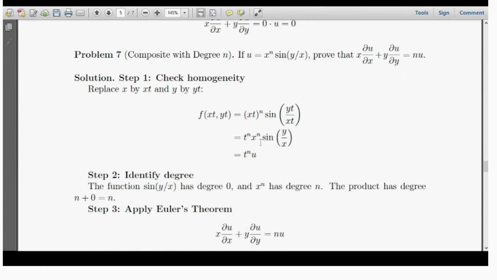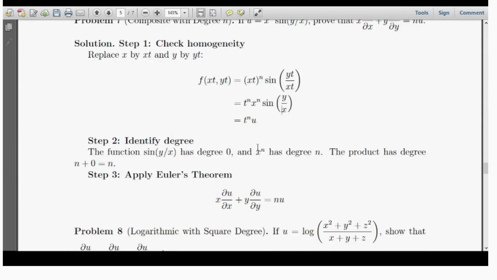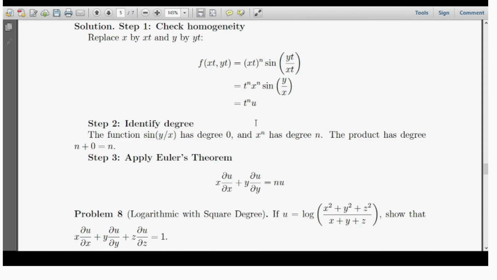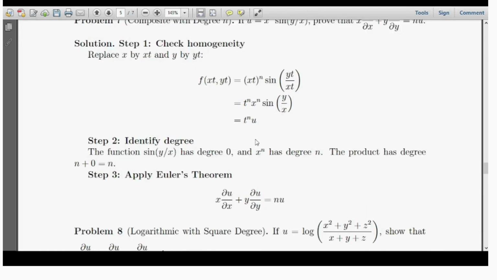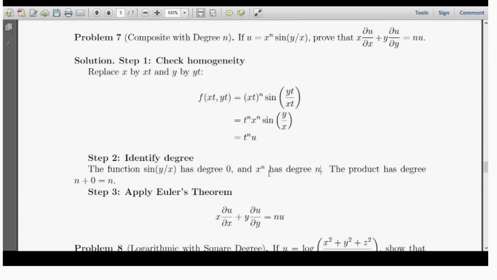This is t power n, x power n into sine of yt by xt, where the t's cancel, so y by x. So this is t power n, and the rest constitutes u, x power n into sine of y by x. That means degree n. Since the function sine of y by x has degree 0, and x power n has degree n, the product has degree n plus 0 equal to n.